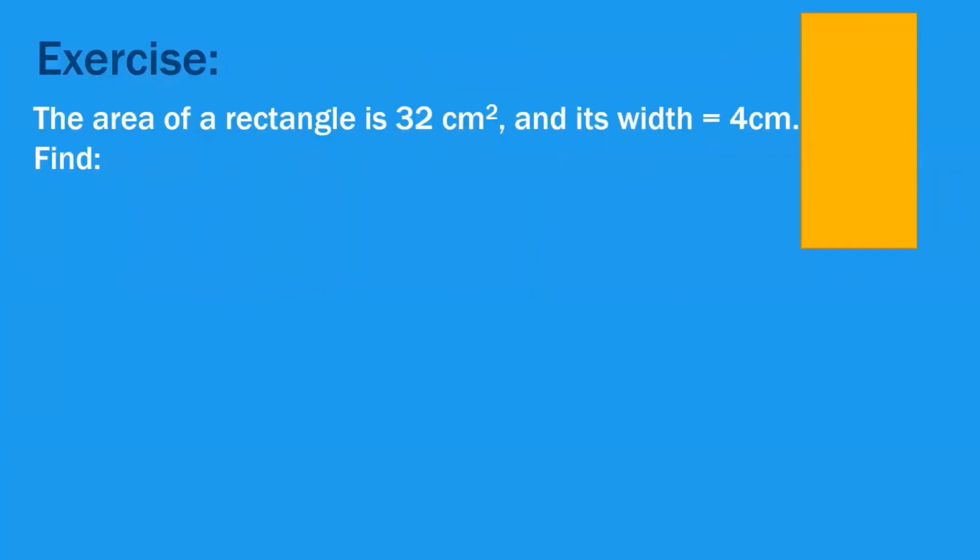Let's have another exercise. The area of a rectangle is 32 centimeters square and its width equals 4 centimeters. Find the length of the rectangle. So let's look at the rectangle. Now we know that its width equals 4 centimeters, and we know its area, which is 32 centimeters square.